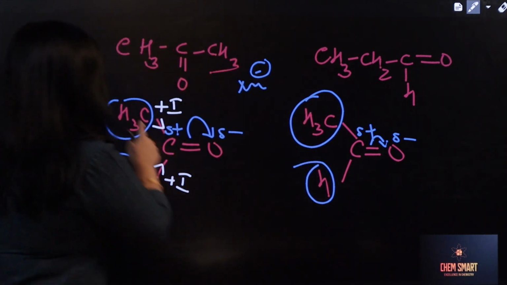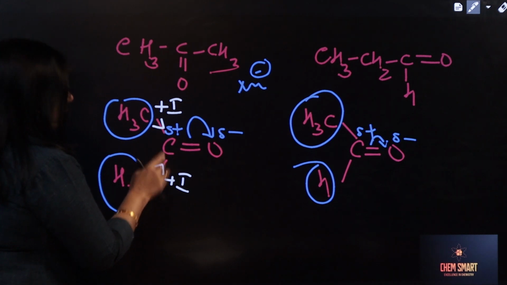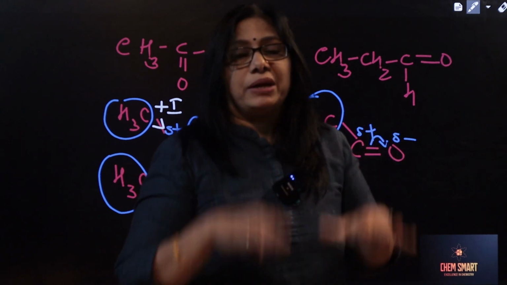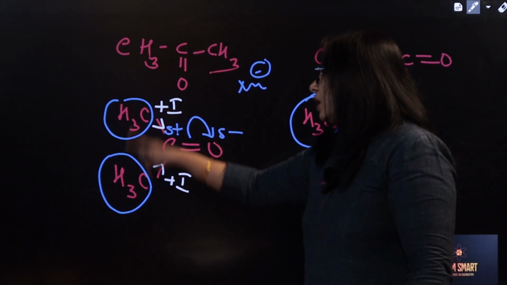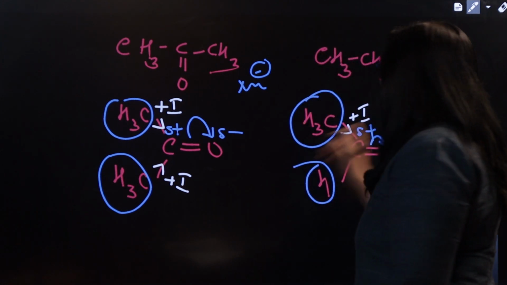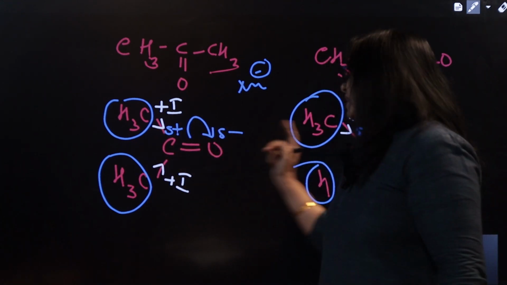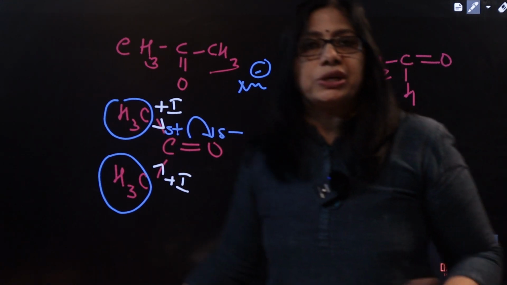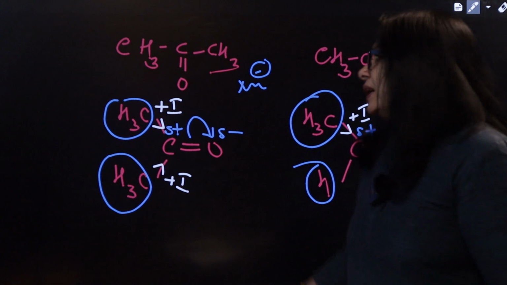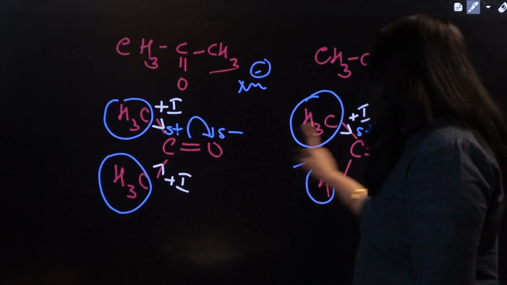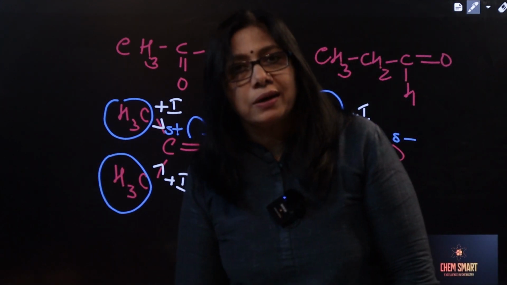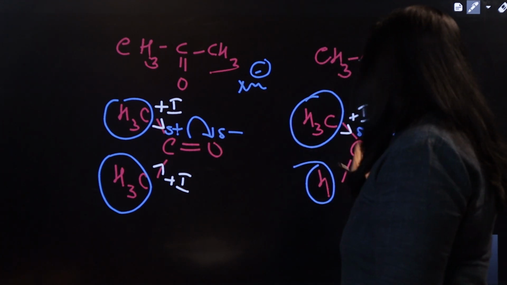So the more the inflow of electrons, the lesser the positive charge. Here, the positive charge on the carbon will be dramatically reduced due to the plus I effect of the two alkyl groups connected to the carbon. But in the aldehyde there is only one alkyl group releasing electrons, so there is comparatively less reduction of the positive charge. In short, this carbon is less positive compared to this carbon, which is more positive. The more positive, the more reactive in nucleophilic addition. So this is less reactive, this is more reactive.